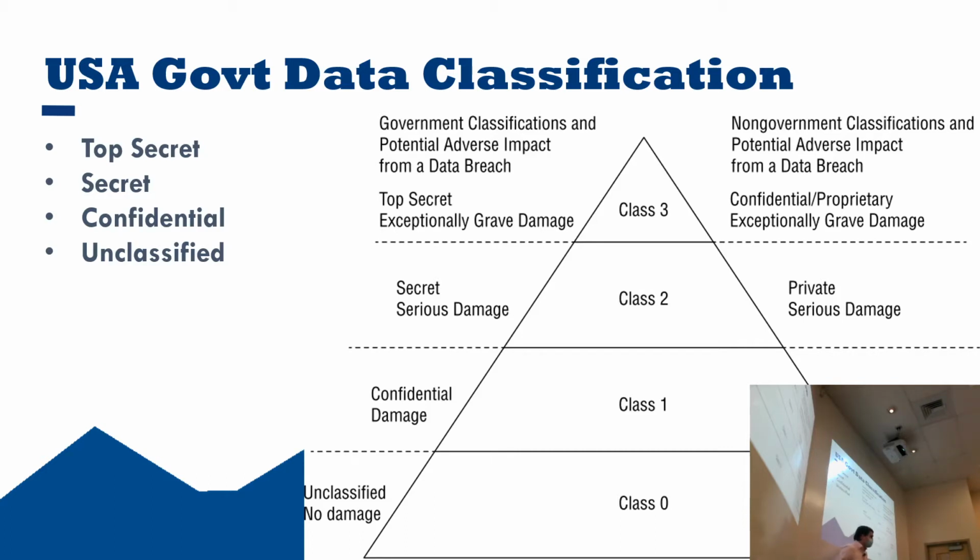Okay, so why is proprietary information the top of this pyramid? Why is it not a little bit lower? Not a trick question. Exactly right, okay?